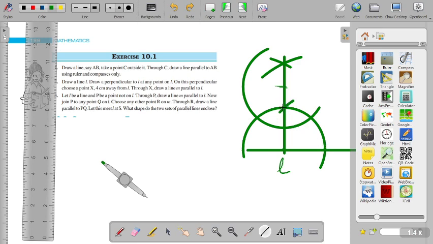The same cut we will do using this point as center. We will take an arc. So we get arc here. So we have to join these 2 points with the help of scale. So this line is M, which is parallel to L at a distance of 4 centimeter. So this is the construction of question number 4.